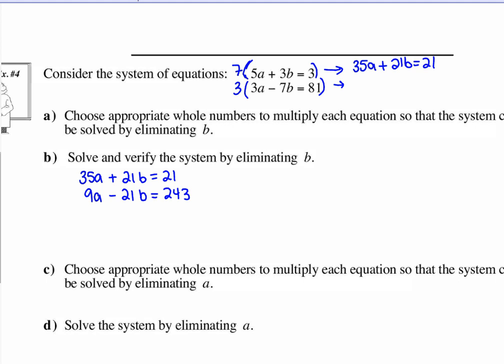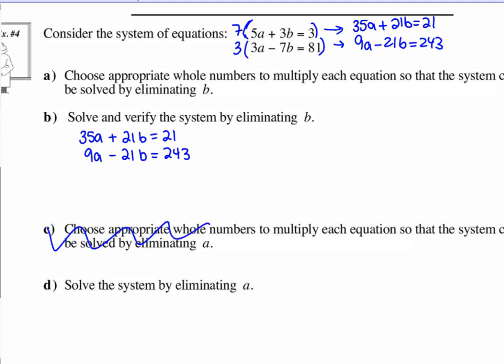Okay, so because the B's are now the same coefficient, it will work that if you just switch the numbers, it'll work every time. So 1 had a 3, 1 had a 7, so 7 and 3. Now, usually we want the lowest common multiple.